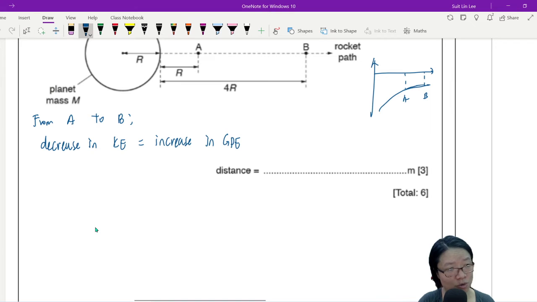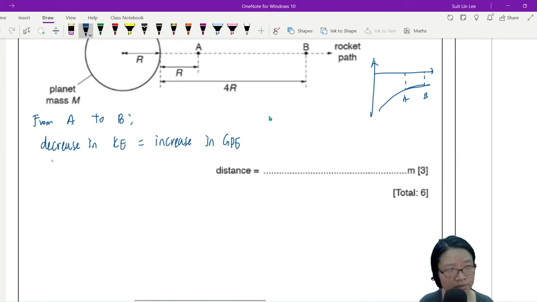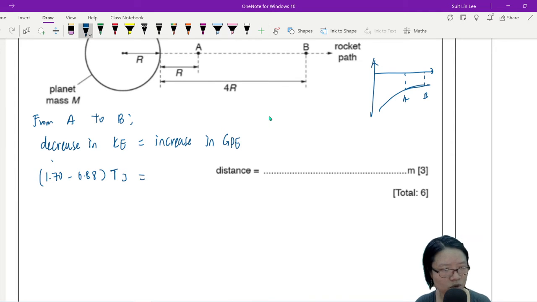Here we will take the value, which is 1.70 minus 0.88 terajoule. Just going to put TJ here. Increase in GPE.